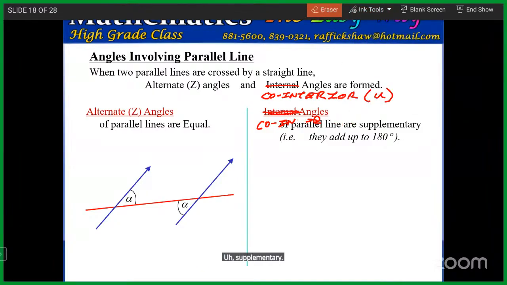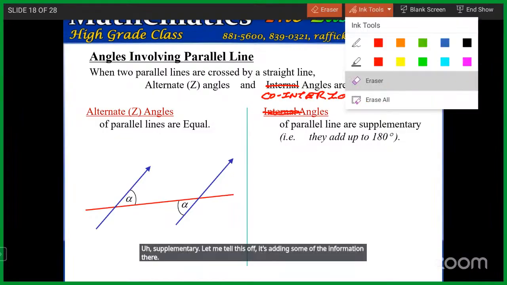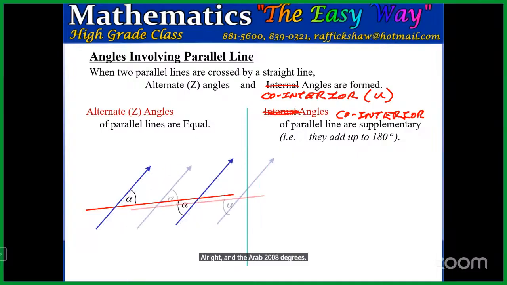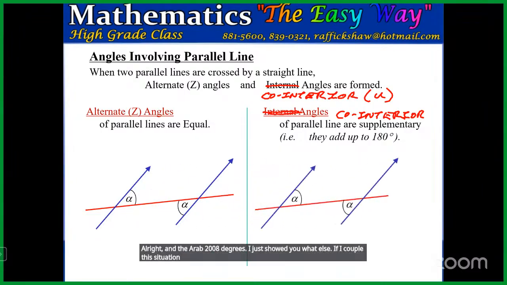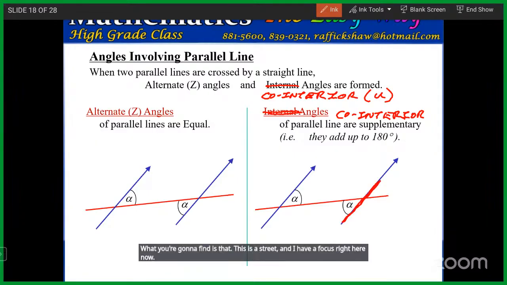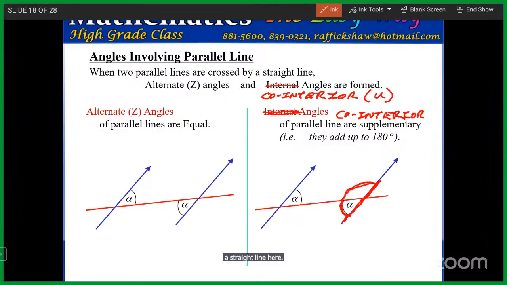So the co-interior angles are supplementary. Let me take this off. It's hiding some of the information there. So as we said, these are co-interior, and they add up to 180 degrees. I just showed you a while ago. So if I copy the situation that we accept already, what you're going to find is that this is a straight line. Focus right here now. From here it is a straight line across that point.